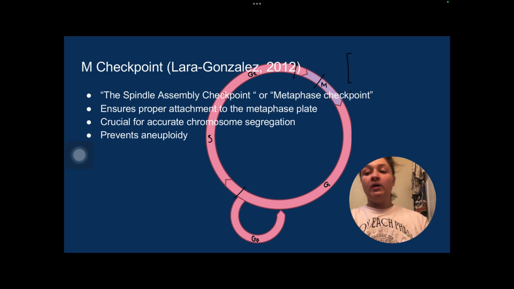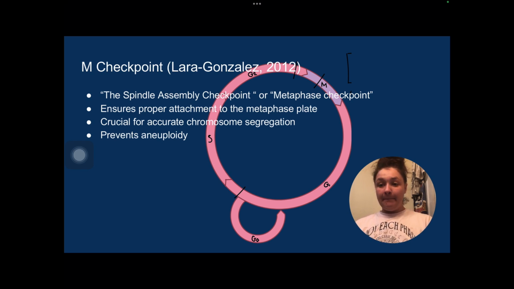The M checkpoint monitors the alignment of chromosomes at the metaphase plate, or the equatorial plane of the cell, during metaphase. For a cell to proceed to anaphase, each chromosome must be correctly attached to spindle fibers from opposite poles via structures called kinetochores, or protein complexes assembled on the centromeres of chromosomes, serving as attachment points for spindle microtubules.